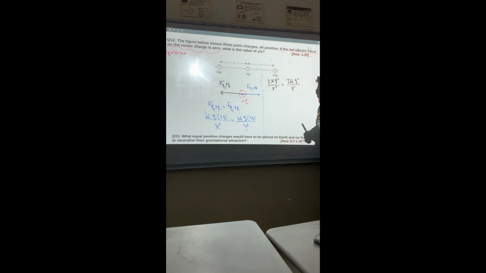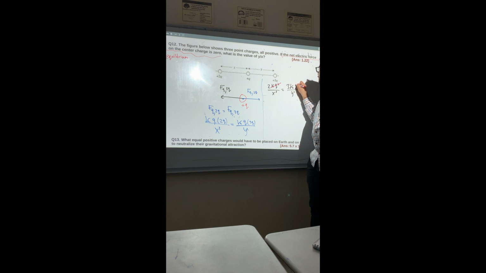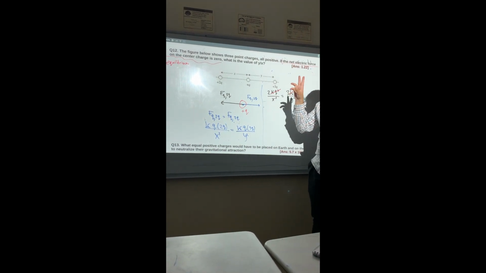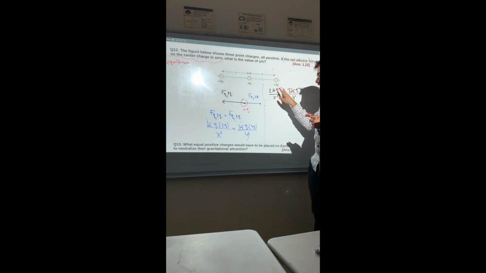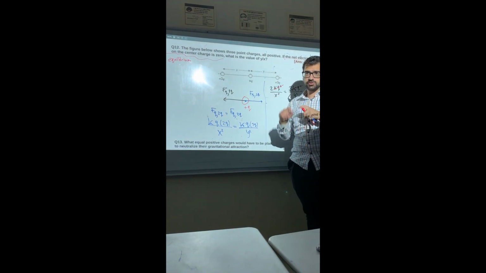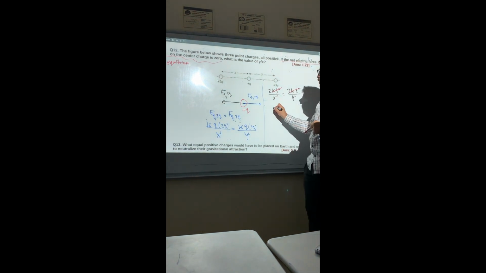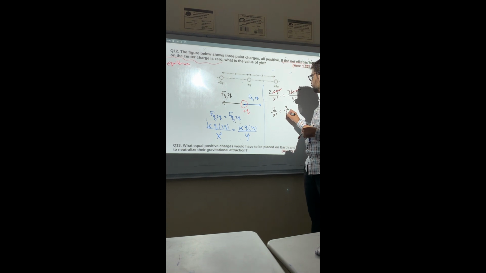K and Q squared. Because we have K on this side and K on this side, Q squared here, Q squared there. Multiplied, you can cancel. If you were added to something, you cannot cancel. Keep this in mind. So now we have 2 over x squared is equal to 3 over y squared.